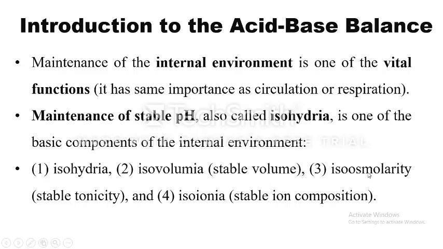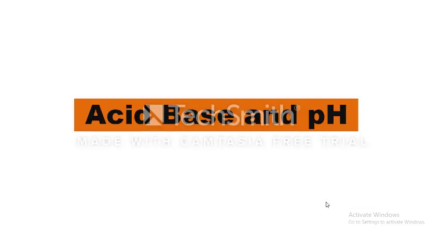Then is osmolarity, which is related to osmosis, that basically controls or stabilizes the tonicity of the body fluid, meaning the ion concentration should be the same. And number 4 is isoionia, that is the stable ion composition. So these are different functions that our body has to maintain to perform proper function, and it is maintained by the body, and these are all vital functions.